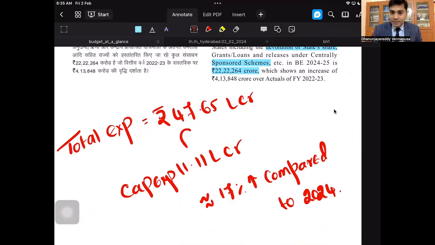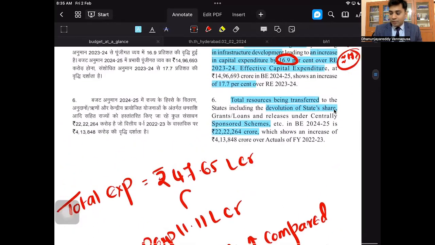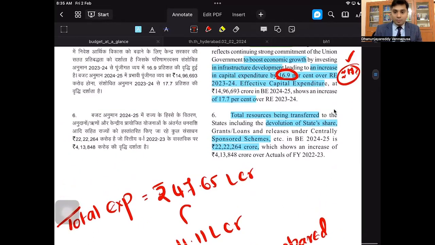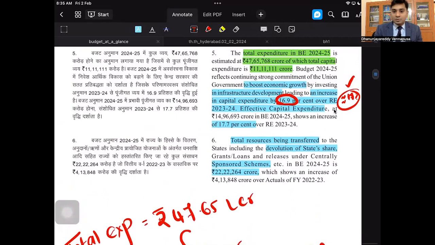Government of India said that capital expense is going to be approximately 11.11 lakh crores. Now the real terms are given there. So the total expenditure for this upcoming year is 47,65,768 crore rupees, whereas the expenditure on the capital front is 11,11,111 crores.